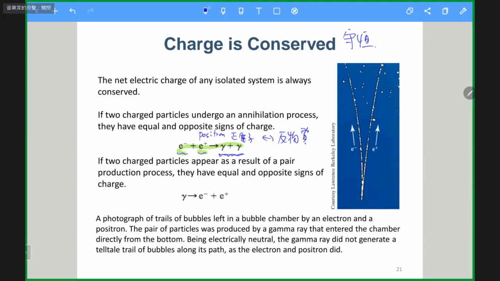But before the reaction, there is some mass, and later on it turns out to be some light, some energy. This is called the gamma ray. The gamma ray is a type of electromagnetic wave, so it only has energy but no mass.